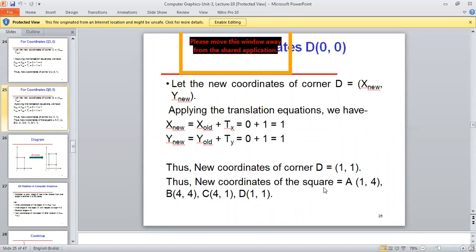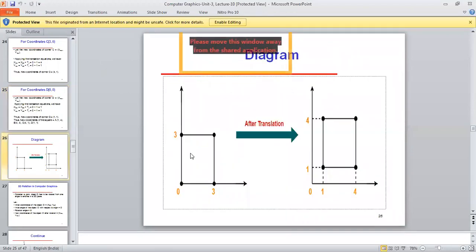Now we can calculate the new coordinates for the square. These are the new coordinates: A 1, 4, B 4, 4, C 4, 1, D 1, 1. These are the new vertices. So with the help of the formula, you have already calculated these new vertices. Now this is the position.